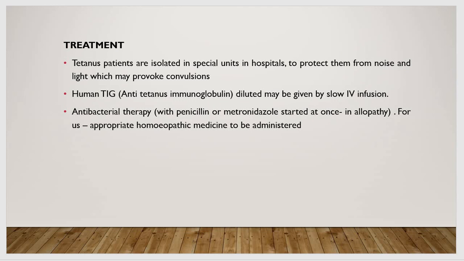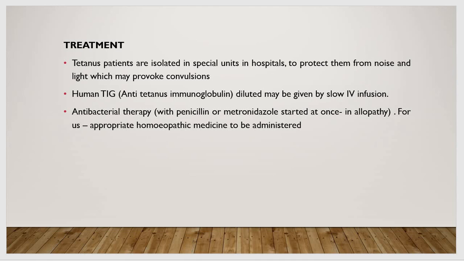Treatment of tetanus. Tetanus patients are isolated in special units in the hospitals to protect them from noise and light, which can provoke convulsions in them. There is a very easy contraction of the muscles, and it's widespread and affecting the whole body. So these patients are very easily affected by little stimulus like light or noise.